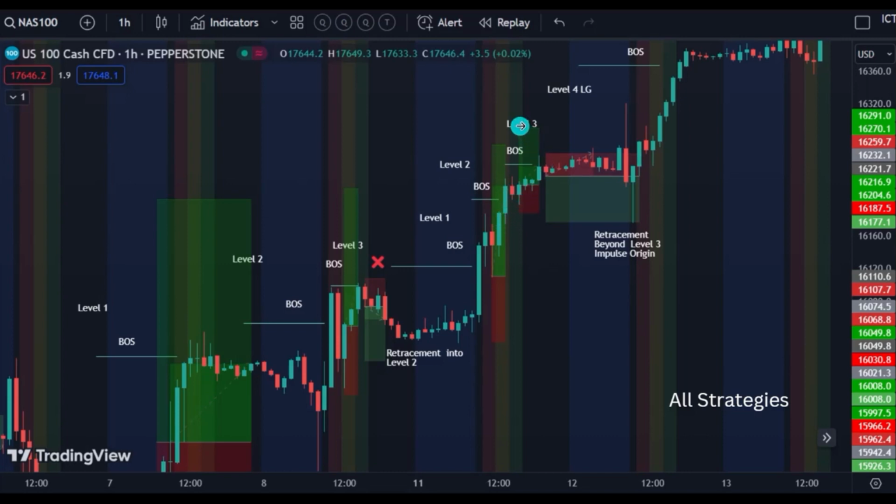At level 3, price creates a swing high. Now you're waiting for this level to get traded through. And you can put a pending order to make sure that you get it. Price taps you in, continues to the downside, gives you your 2-to-1, and then it retraces.